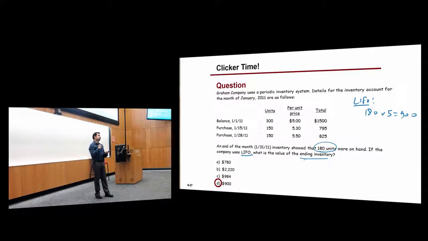So if we were to use FIFO, we would start from the end and we go backwards, right? Am I correct? So in this case, it would be 150 multiplied by 5.5 plus, how many do we still need? 13 multiplied by 5.3. Okay?